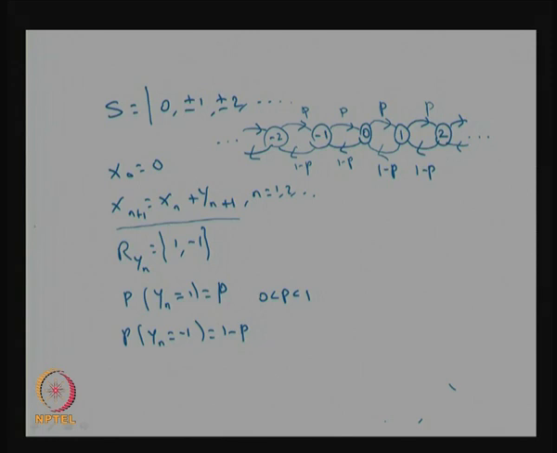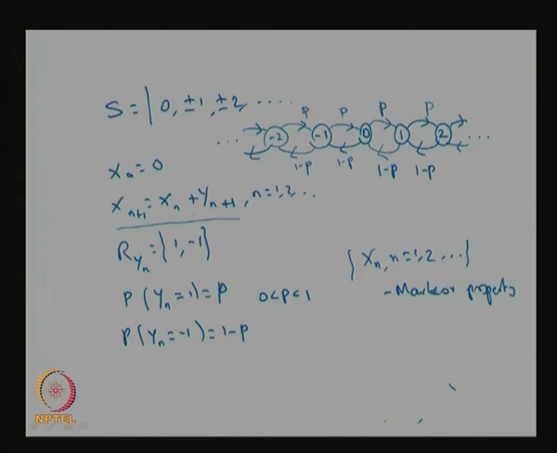Therefore, the conditional distribution of x n plus 1 given x n minus 1 till x naught is the same as the conditional distribution of x n plus 1 given x n. That means x n is going to satisfy the Markov property, because x n plus 1 is equal to x n plus an independent random variable.